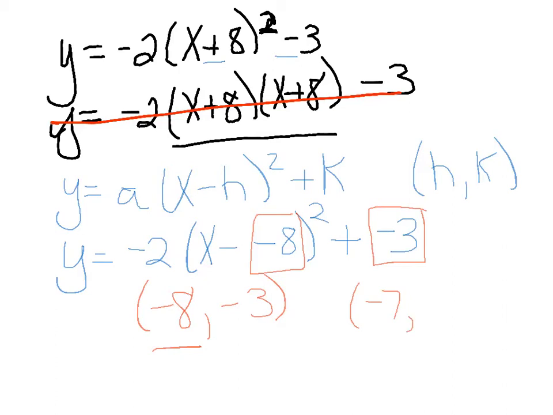If I did that, then I would have y equals negative 2 times negative 7 plus 8 squared minus 3. What's negative 7 plus 8? The positive 1. What's 1 squared? 1. 1 times negative 2 is negative 2. Negative 2 minus 3 is negative 5.